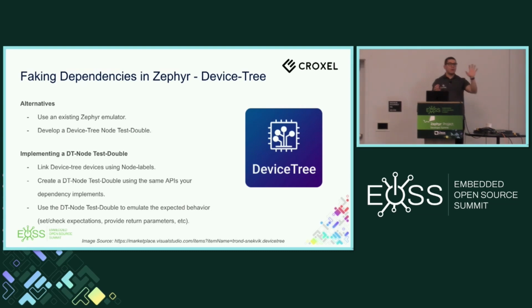It's important that in your module, you rely in the device tree on, for instance, node labels, that it's easy to fake. For the motion detection, you say, give me the motion accelerometer. That could be linked to a device on the I2C bus or on SPI, or it could be a faked accelerometer. Obviously, you check expectations, provide return parameters, whatnot.